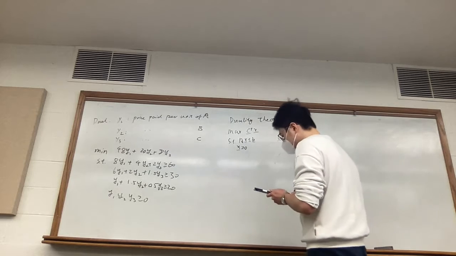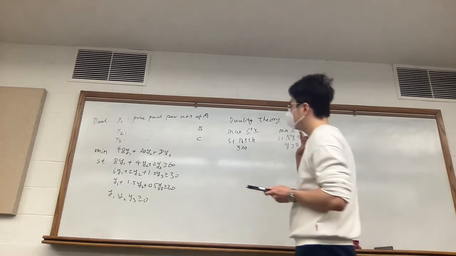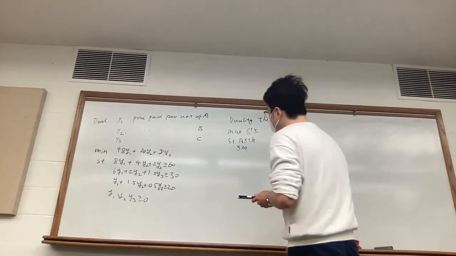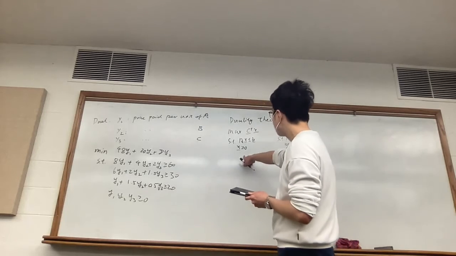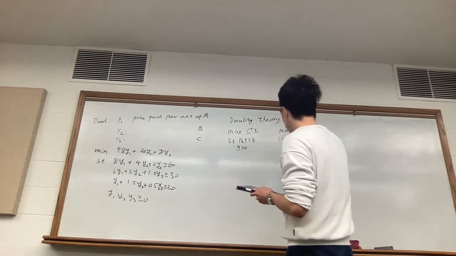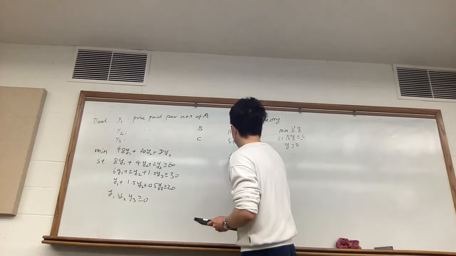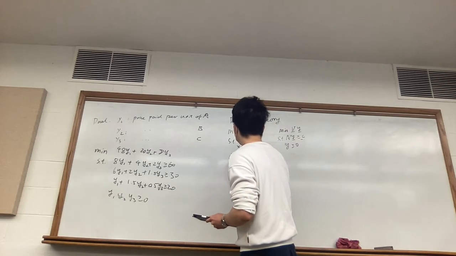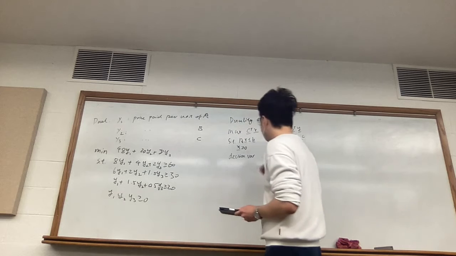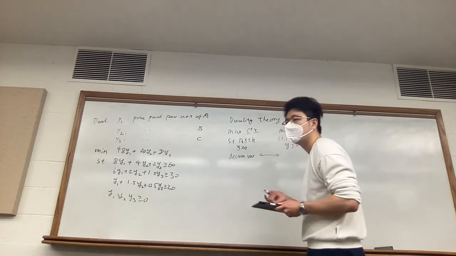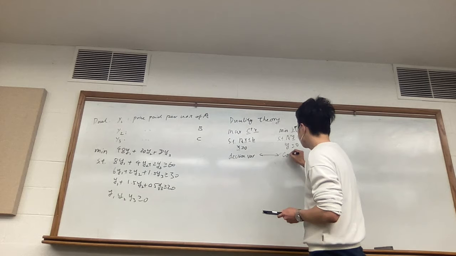Okay, so what we observed from the example is that this is the primal problem, and this is the dual problem. In the primal problem, a decision variable corresponds to a constraint when you switch to the dual problem.